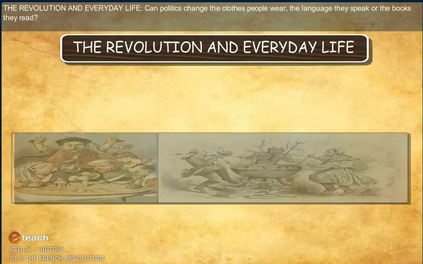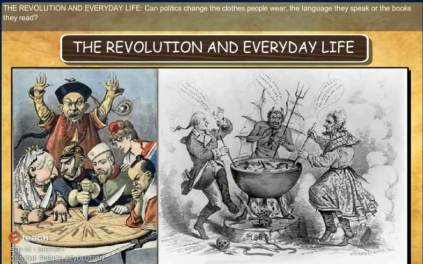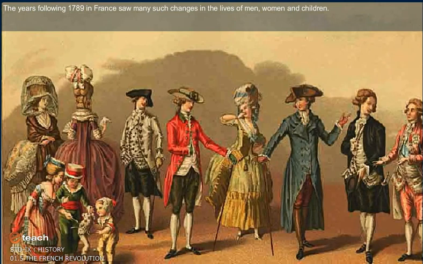Revolution and everyday life. Can politics change the clothes people wear, the language they speak, or the books they read? The years following 1789 in France saw many such changes in the lives of men, women, and children.